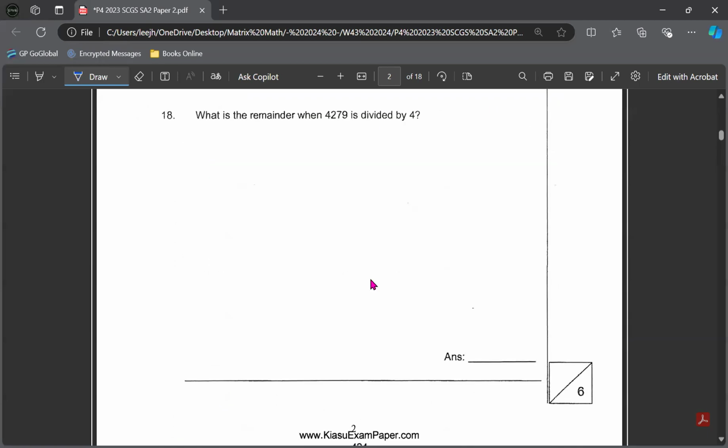Question 18, what is the remainder when 4,279 is divided by 4? Do your working. 4279 divided by 4. So this will be 1, minus, this is 2. 2 divided by 4 cannot, so bring down the 7. 27 divided by 4, nearest is 6, because it is 24.